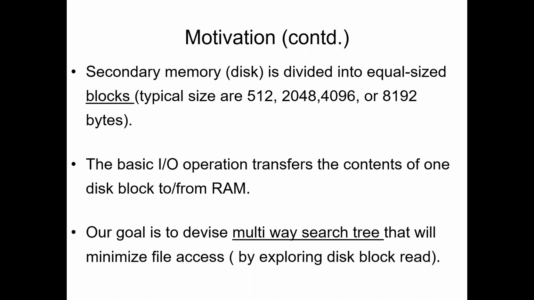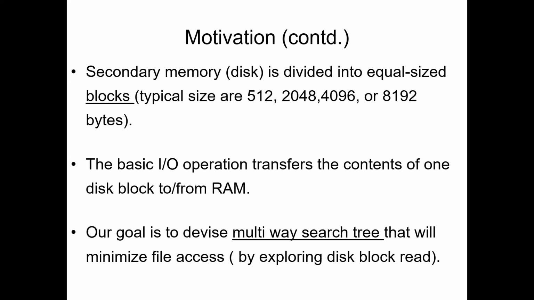So you can't read a single byte, but instead a complete block containing the byte that you need is transferred from the secondary storage to the main memory. So the basic I/O operation transfers the contents of one disk block from or to RAM. The unit of data transfer between RAM and secondary storage is typically a disk block, segment, or page.